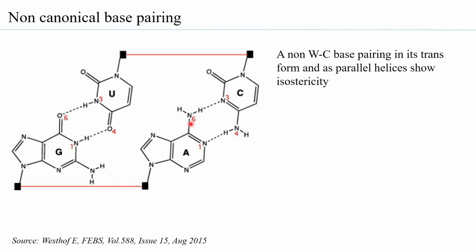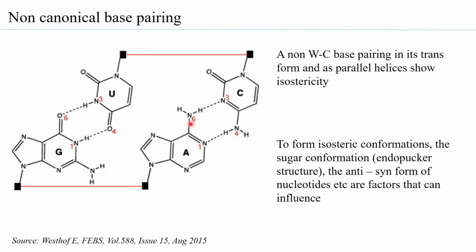But in such cases where you have isostericity and you have the trans form, it has been observed that the two strands that are coming together to form a secondary structure or to form a base pair are more in the parallel orientation. Okay, so these are certain interesting observations because you understand that a lot happens within the DNA or within the secondary structures that are formed in nucleic acids.